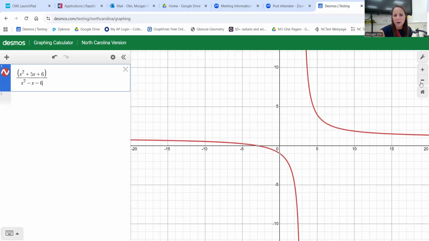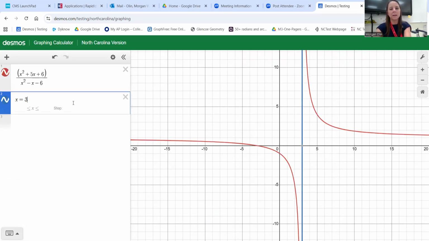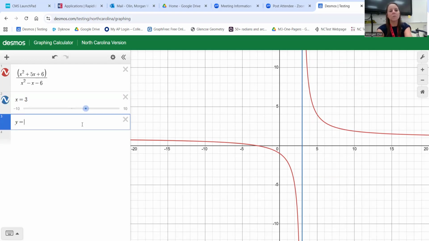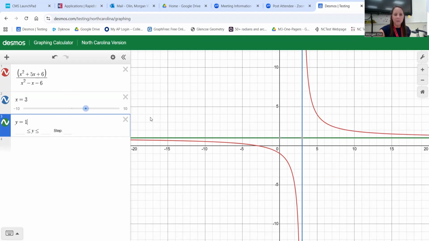Here it appears that we could do one of those vertical dotted lines right here, at x equals 3. I suggest typing in x equals 3. Or even if you get the answers on your own like we did, you can double check it. It looks like the vertical asymptote is at x equals 3. It looks like we have a horizontal asymptote right here at 1. And remember, those are y equals. We did write that earlier, and it's not crossing. If you need to zoom out further, feel free. There's our horizontal asymptotes.